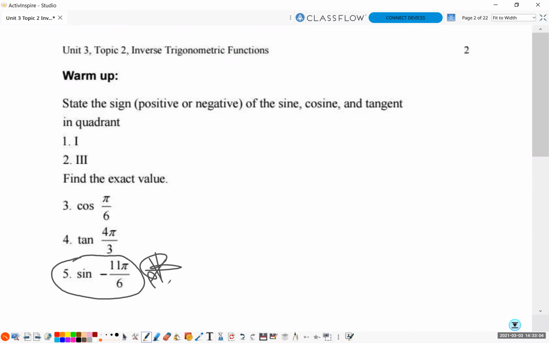Plus, once we restrict the domain, you will not be able to use domain values like 7 pi over 4 or 11 pi over 6. So you must be comfortable with negative angles in quadrant 4.